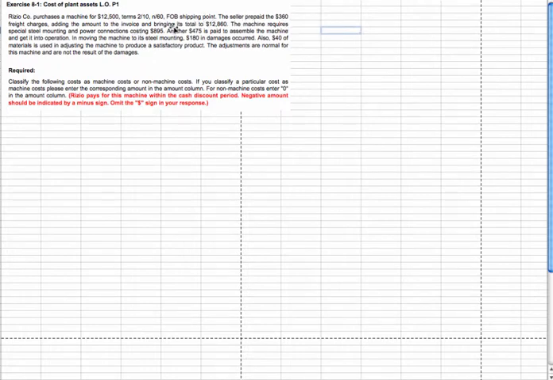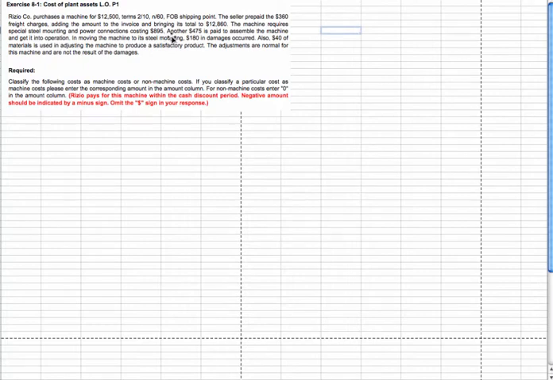But now look at this $895. This $895 is for special steel mounting and power connections, because without that steel mounting and power connections, we wouldn't be able to use this asset. So this cost of $895 is related to getting this asset into a usable condition.